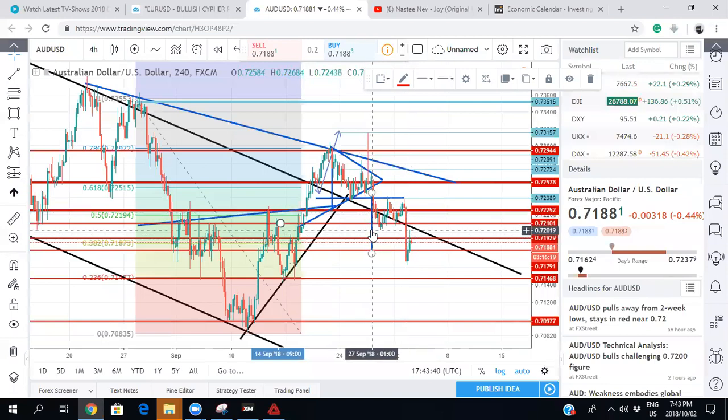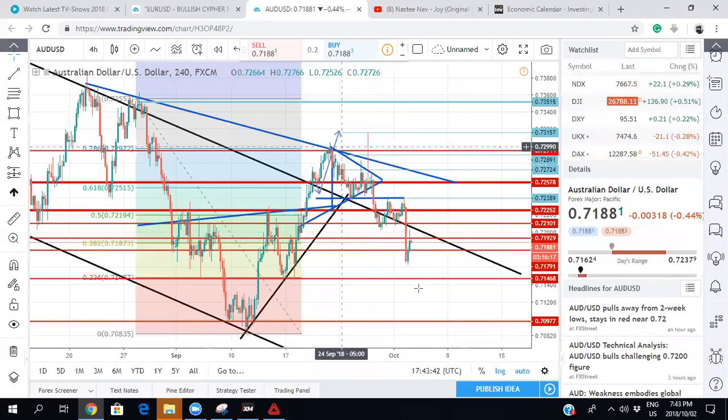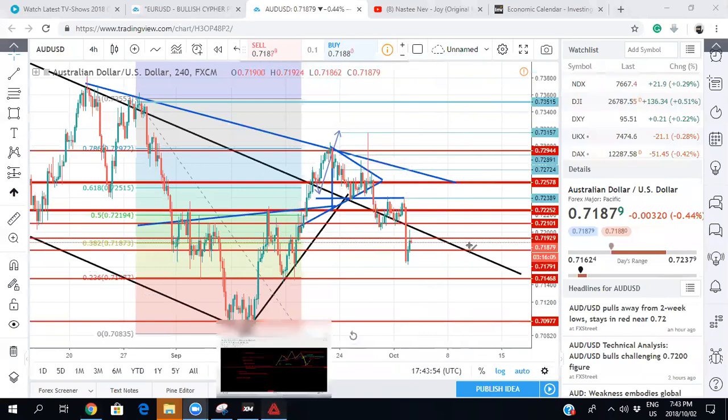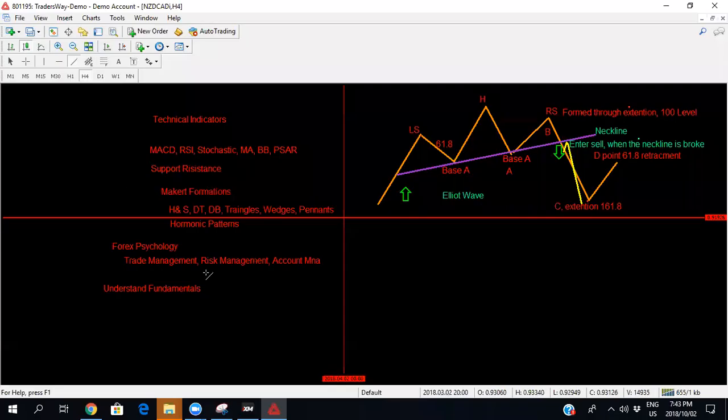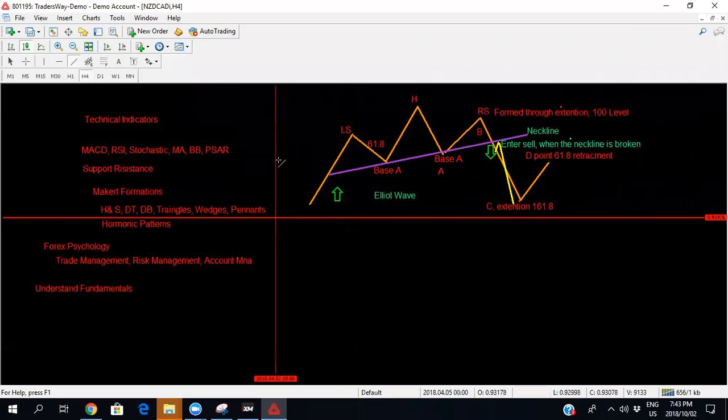So all the requirements have been met. You'll be able to salvage the market. So I believe by now you guys should have a greater understanding of heads and shoulders, and a little bit with regards to a triangle, right?